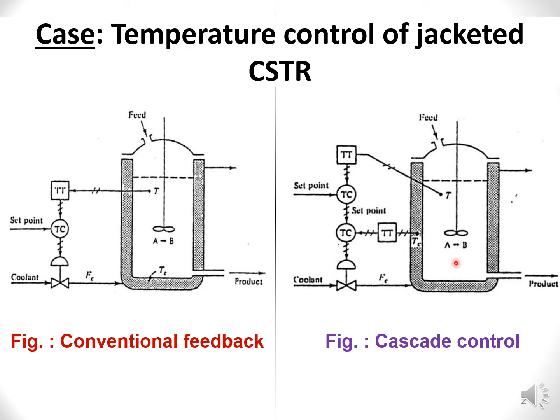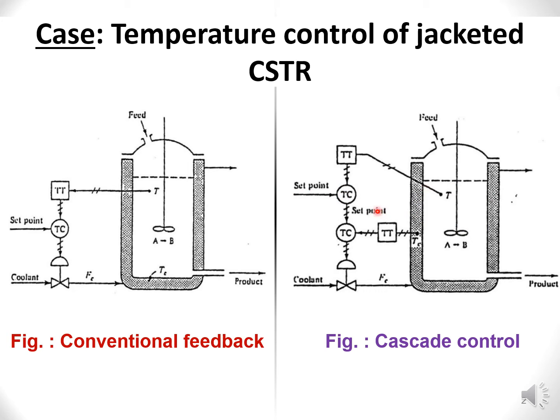You can see the difference between the conventional and the cascade is that you have the same loop here, but you also measure the temperature of the coolant inside the jacket, because it may change. So we have basically two measurements coming in. One is a measurement of the temperature, and that is the set point we want for this one.